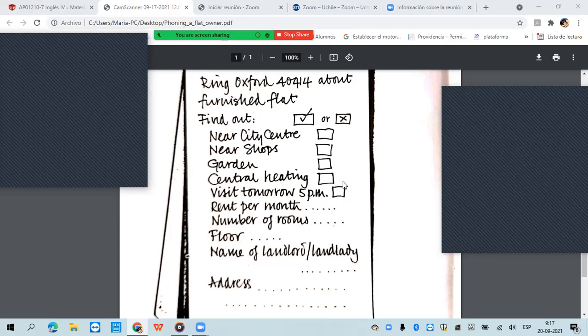There is gas central heating. Okay, gas central heating. Visit tomorrow at 5 p.m. Yes or no? Yes. How much is the rent per month? It's 112 pounds. Yes, good. Number of rooms.